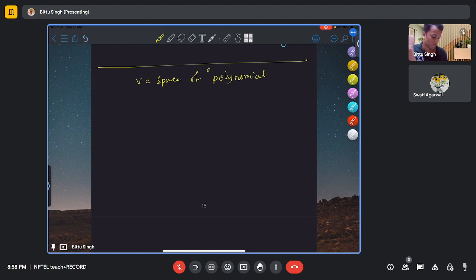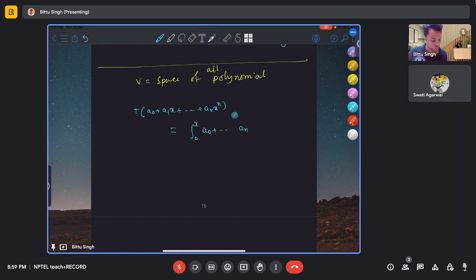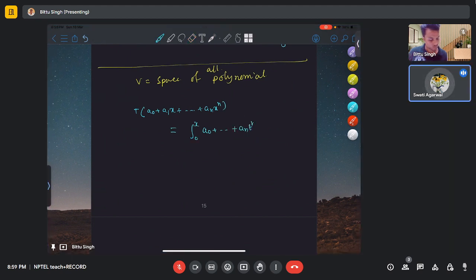All polynomials. Okay, and what is T doing? Take a polynomial a0 plus a1x up to an x to the power n. Then from the previous definition, this is the integration of this thing, integral of a0 plus a1t up to an t to the power n dt.